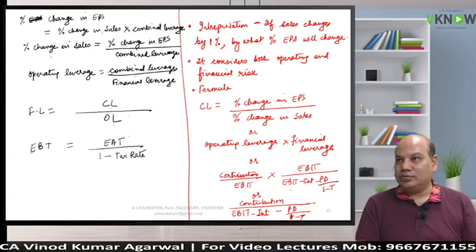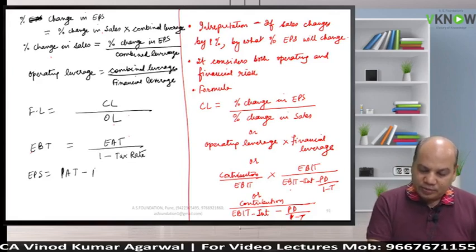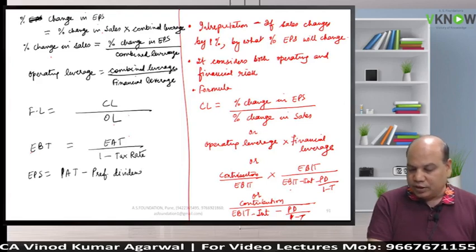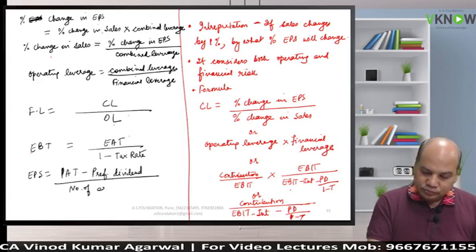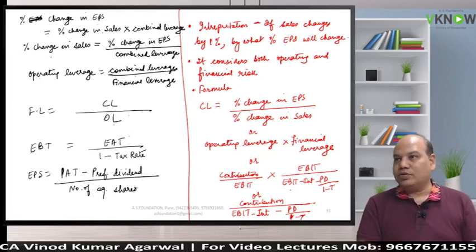One more formula: EPS equal to PAT minus preference dividend upon number of equity shares. In some questions you will be asked to find EPS.